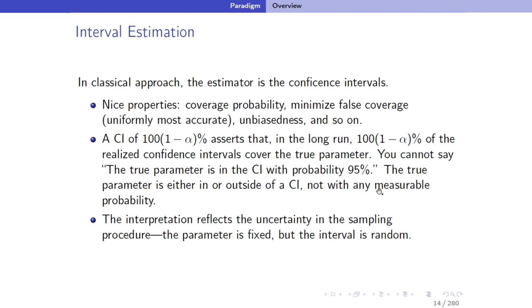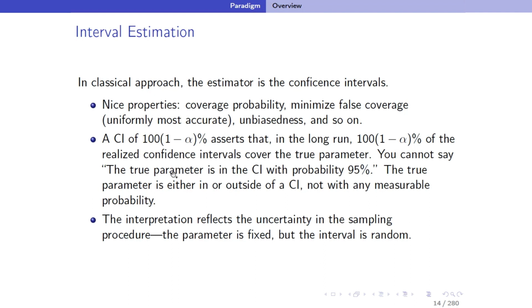In the classical approach, the interval estimator is a confidence interval. It certainly has very nice properties such as coverage probability, minimum false coverage, unbiasedness, and so on. And the interpretation is that a 95% confidence interval asserts that if you were to repeat the experiment many times, roughly 95% of the realized confidence intervals cover the true parameter.